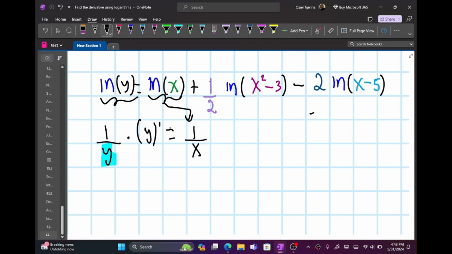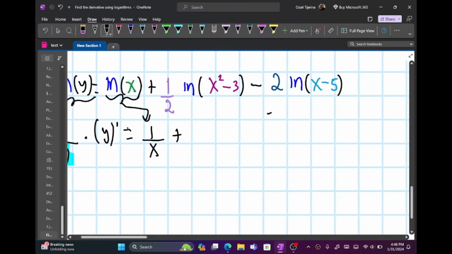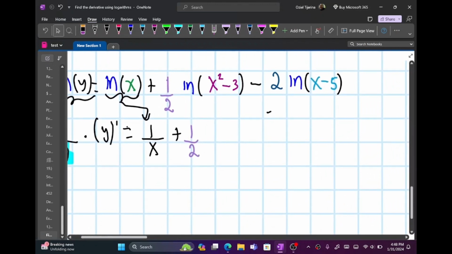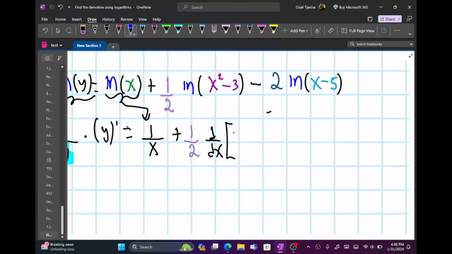And then we have plus 1/2, and then we're going to do the derivative dx of ln of x squared minus 3.